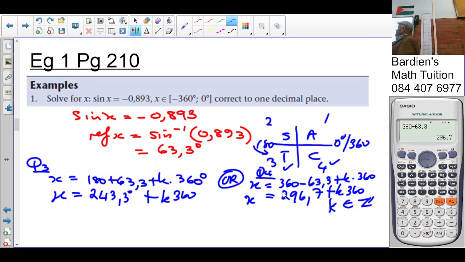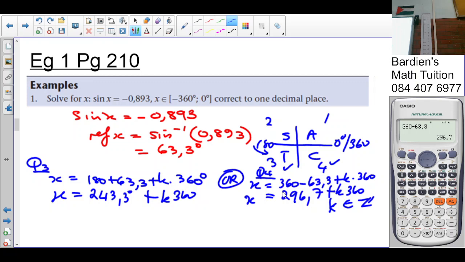So if the question was, determine the general solution. You see, this is called the general solution, which means to say it is from negative infinity to infinity. You put that k is an element of all integers on the outside as well.